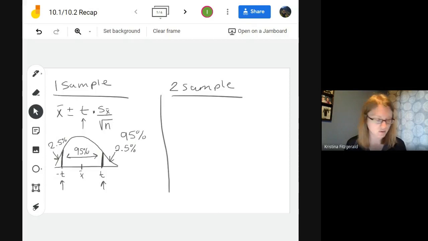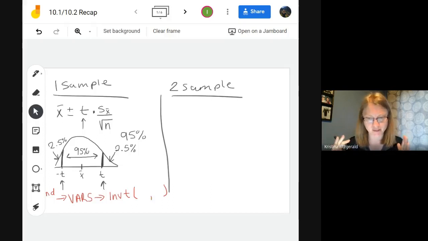So then on the calculator, and mine's old and doesn't have it anymore, but on your graphing calculator, if you have one, or if you use the one on your Chromebook, you're going to push the second button, that's the blue button, and then push the vars button, and then you're going to have an option that says inverse T. There's two things you plug in here.